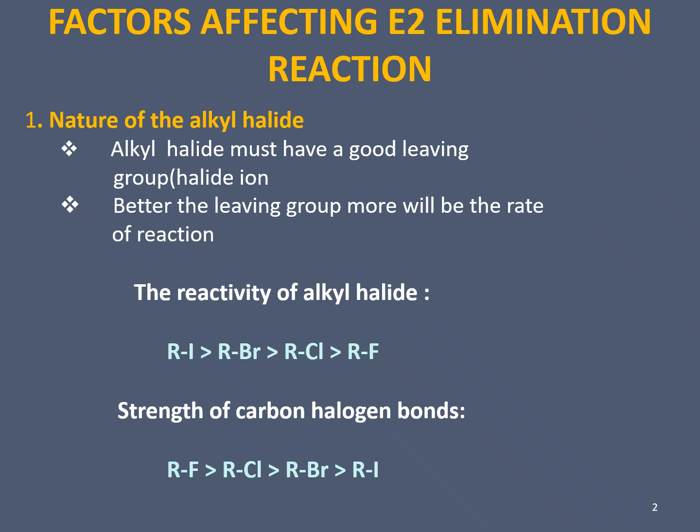So this alkyl halide must have a good leaving group, or a good halide ion, to proceed with this reaction. The better the leaving group, the more will be the rate of reaction. That means the better the halide ion present in the alkyl halide, the more will be the rate of reaction.